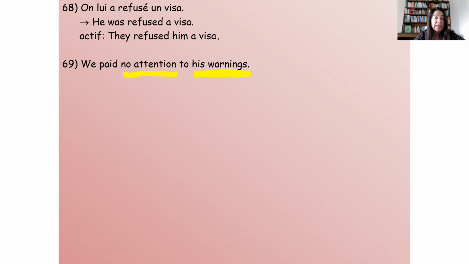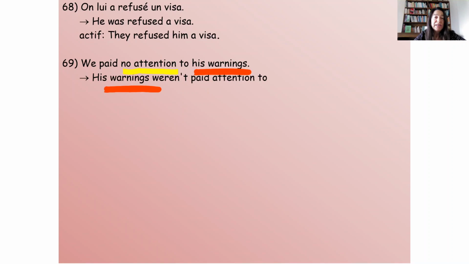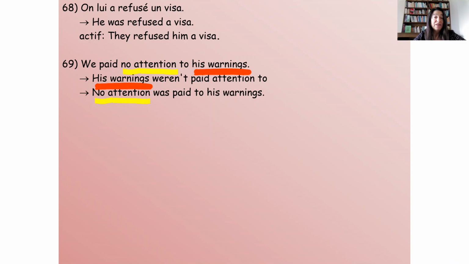So is it possible to create a passive voice starting with his warnings, as in "his warnings weren't paid attention to"? And is it possible to start the sentence in the passive voice with no attention, as in "no attention was paid to his warnings"? Well, in this case, yes, indeed, these two passive voice sentences are correct.